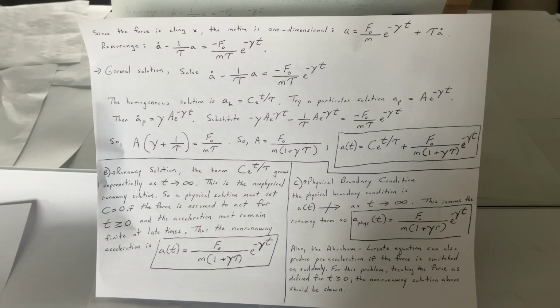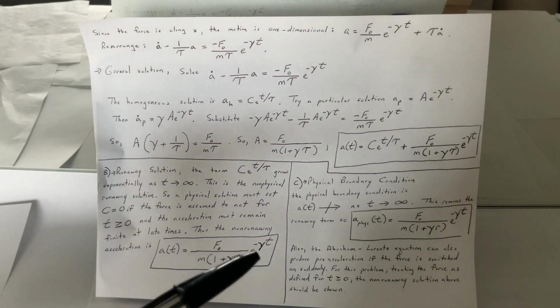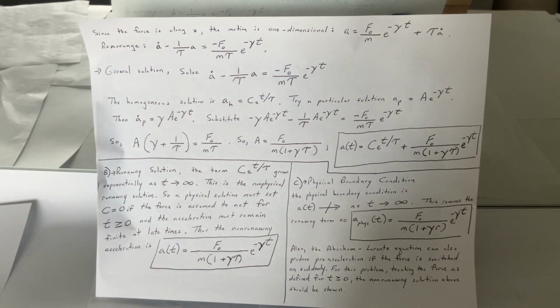So a_phys(t) = F_0/(m(1 + γτ)) e^(-γt). Also we could say the Abraham-Lorentz equation can also produce pre-acceleration if the force is switched on suddenly.